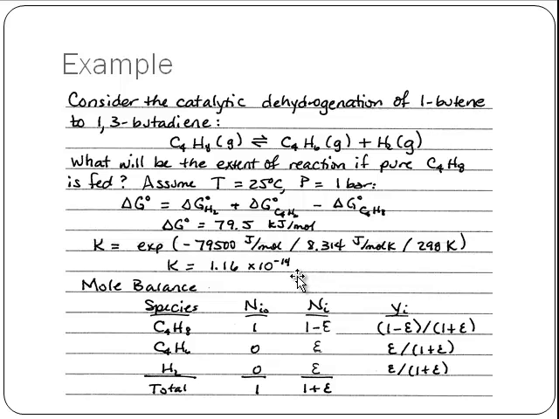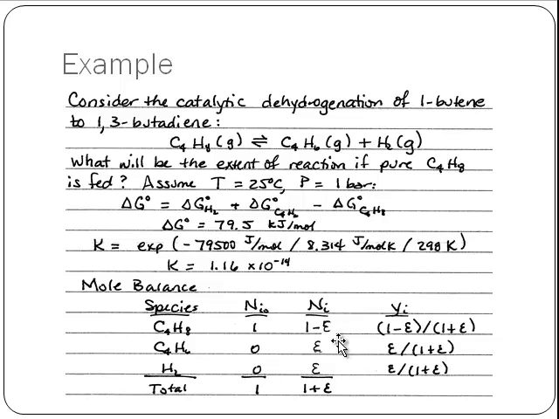If I then wanted to use this, what I would say is, well, I find it easiest to say I started with 1 mole of C4H8, 0 moles of each of the other 2 substances, so I had a total of 1 mole. At the end, I had 1 minus epsilon of the C4H8.